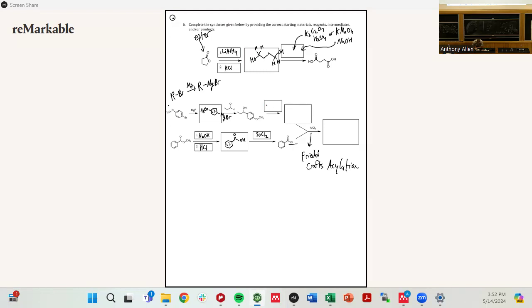We'll use PCC, why not? That was just badly designed, sorry. But once you have these conditions, this is an ortho/para director, right? O/P director, this is a meta director. You only expect to get that position or that position, but because it's symmetrical, it doesn't matter.